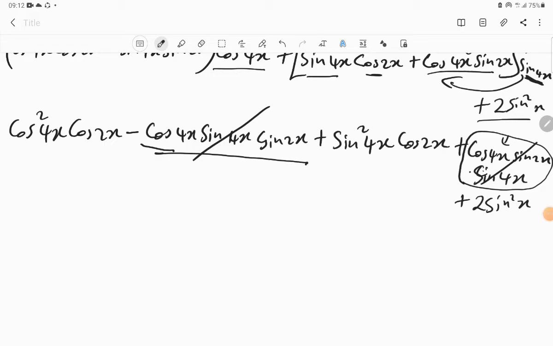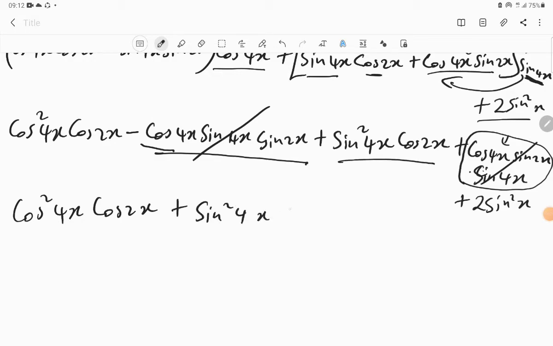So we are going to be reducing our things now, which means we are having cos squared 4x, then cos 2x, then plus sine squared 4x, then cos 2x, then plus this one now, plus 2 sine squared x. So this is what we have.